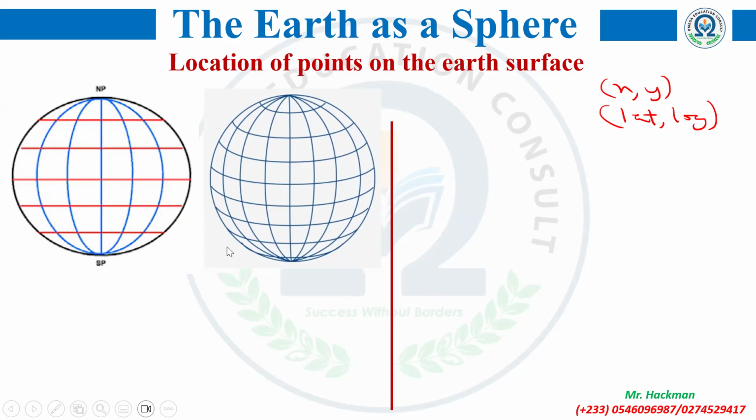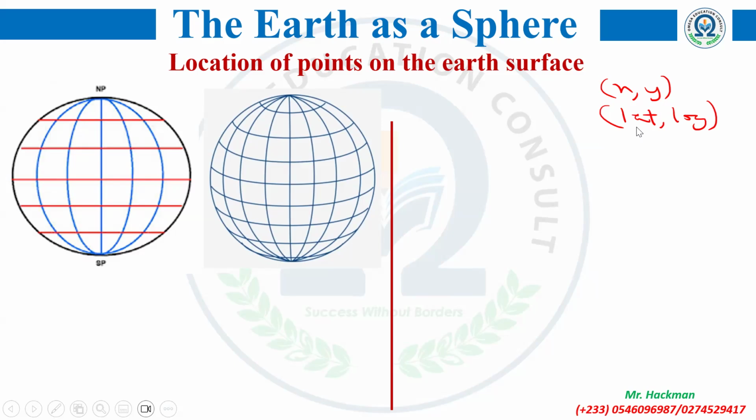Do you agree with me? So your x coordinate in terms of the globe will be the latitude, and the y coordinate will be this one, moving like the y-axis. So indirectly, we are talking of your longitude being the y coordinate. So it will be latitude, longitude.